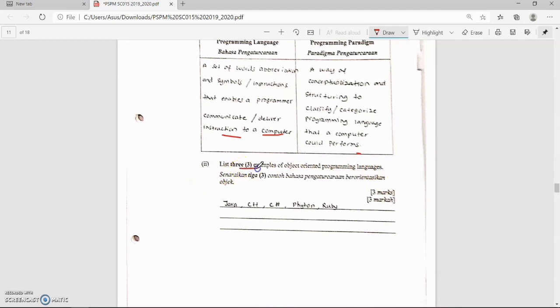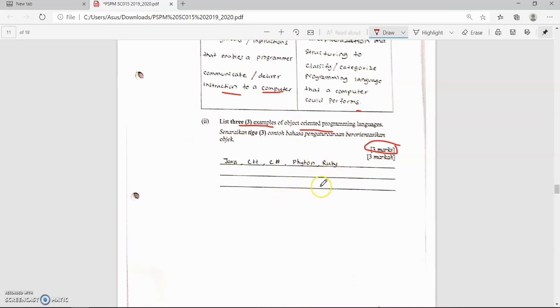Next, list 3 examples of object-oriented programming. So 3 marks. You can give any example like Java, C++, Python, and so on.